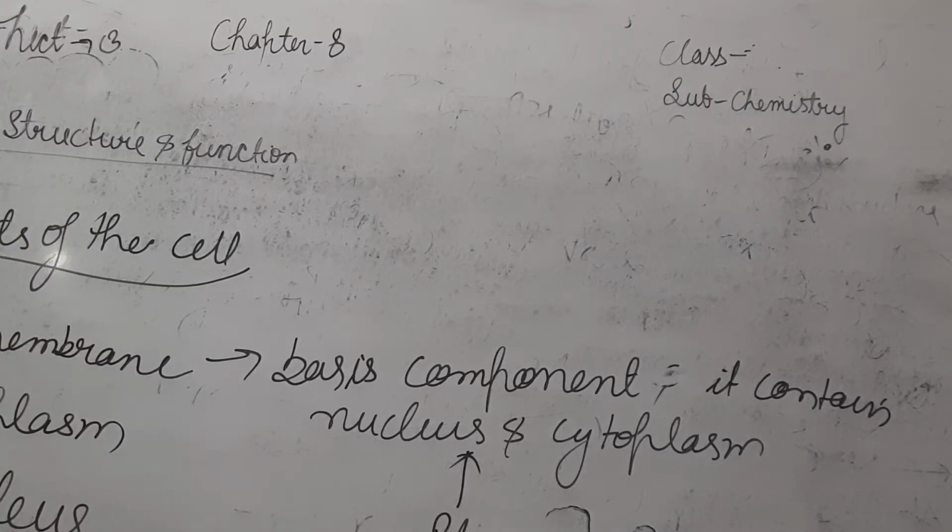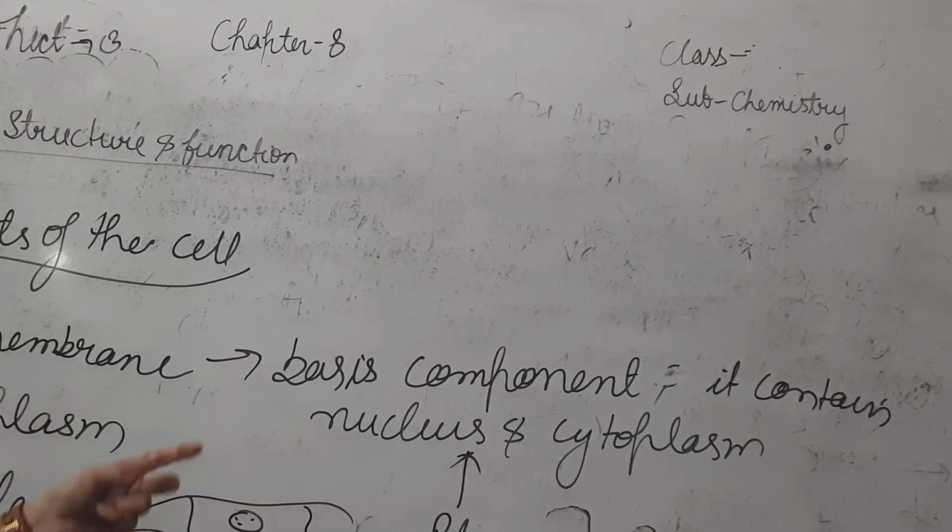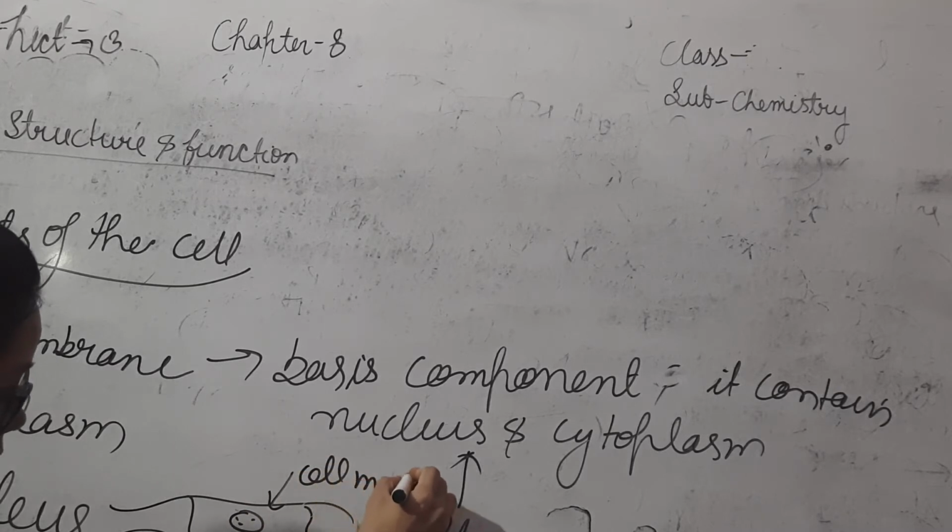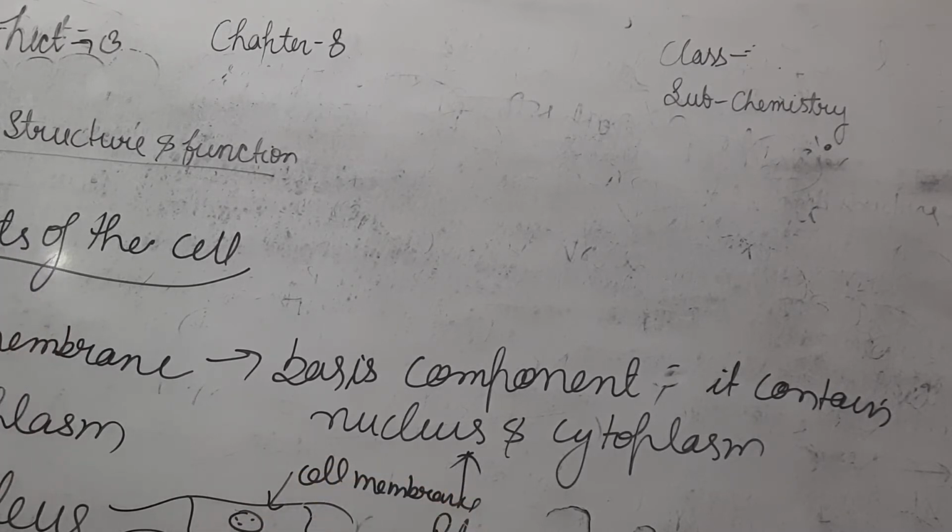I will give you an example of the onion cell, which we also discussed in the last class. This is the structure of the onion peel cell. If we study the onion peel under a microscope, then we find this is the cell membrane, the outer portion. In this cell membrane, nucleus and cytoplasm are present.